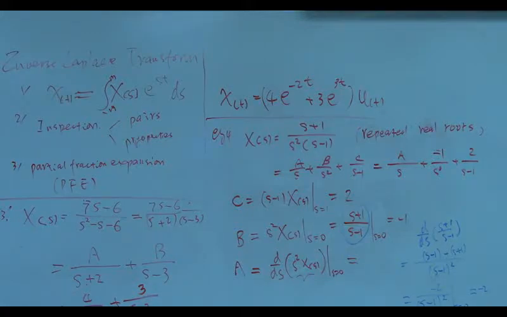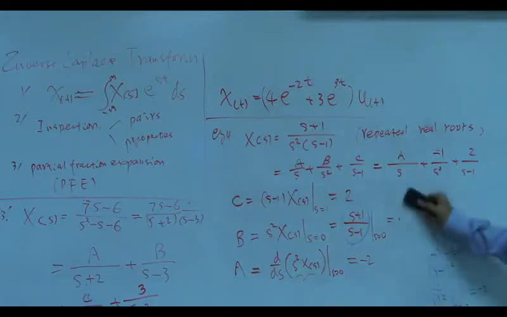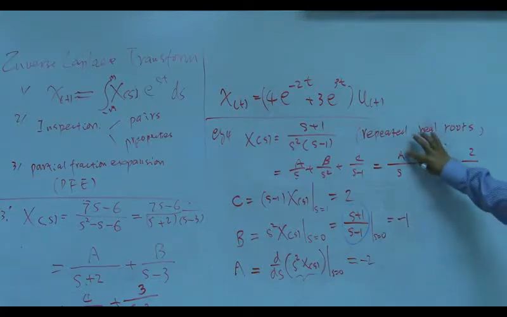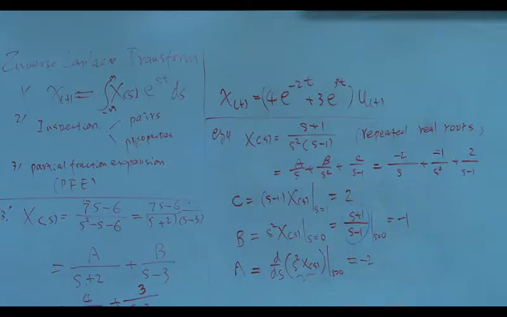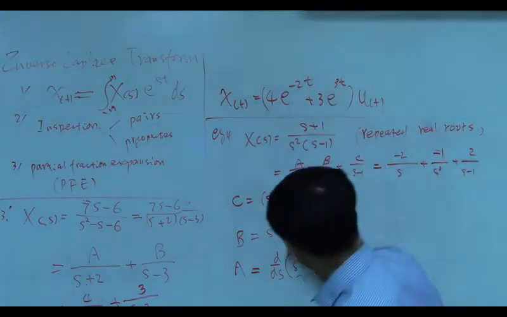So it must be negative 2. So this is negative 1 here. Alright, so this A will be negative 2. Again, in the homework you need to give me all these steps. Right? I remove this.